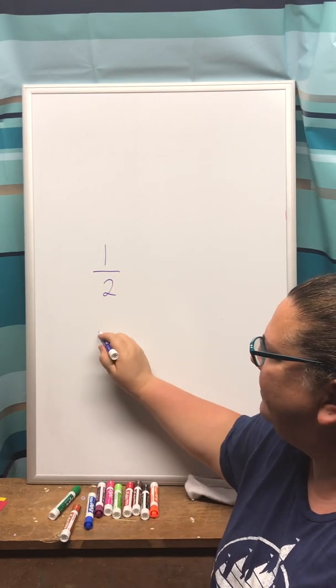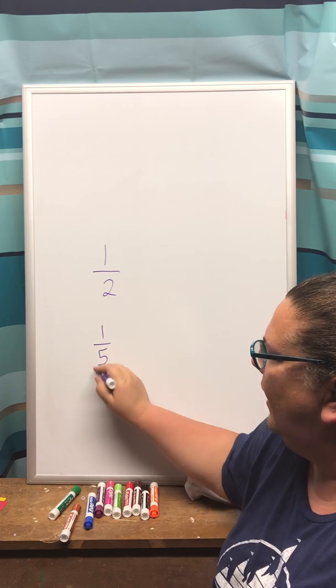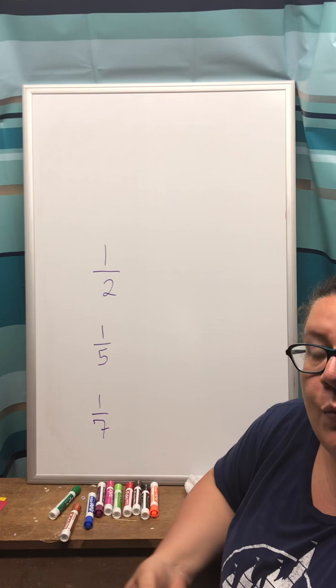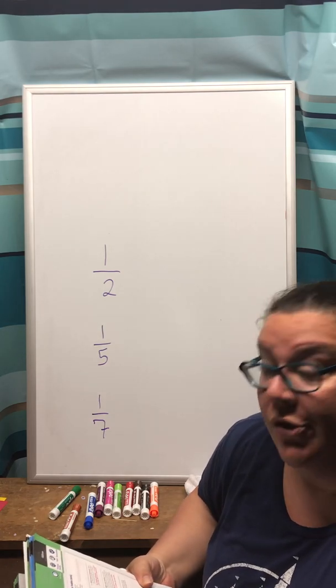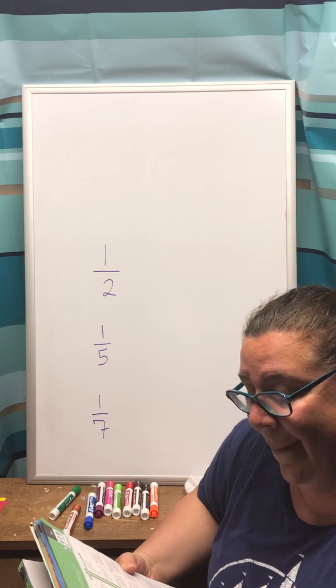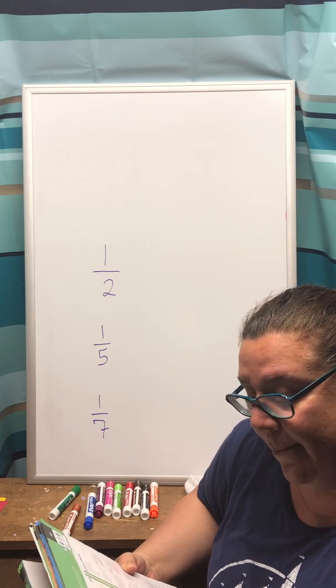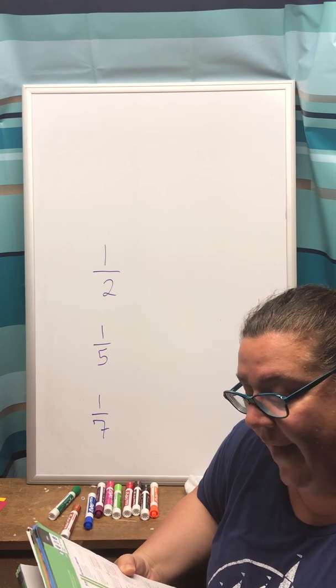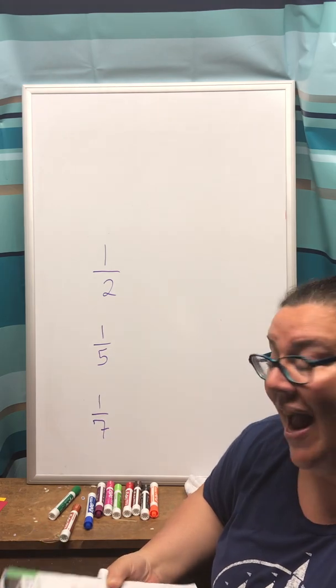We'll do 1/2, we'll do 1/5, and we'll do 1/7. Obviously you can try this with any fraction at all as long as 1 is your numerator. They said, when you divide a unit fraction by a non-zero whole number greater than 1, will the quotient be greater than or less than the unit fraction?